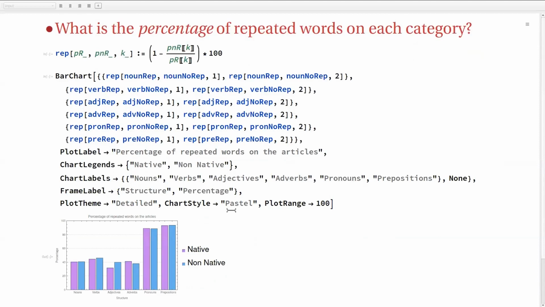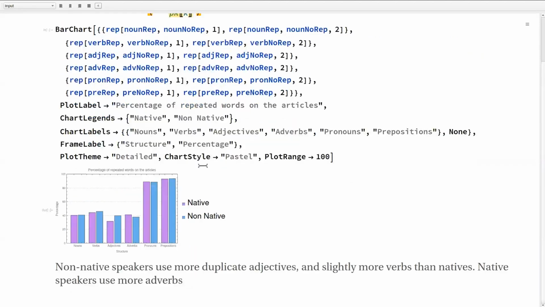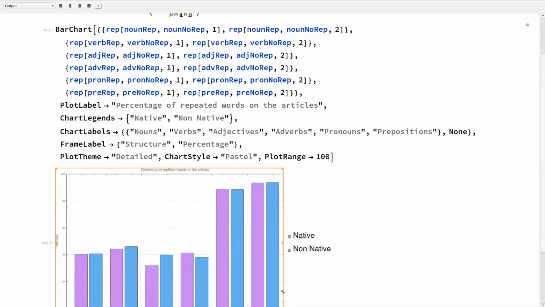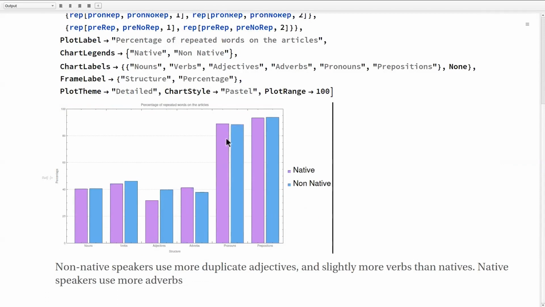What's the percentage of repeated words in each category? We defined the function rep to get the percentage, and let's make it bigger. Natives are in purple, non-natives are in blue.